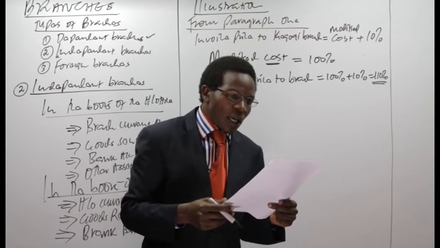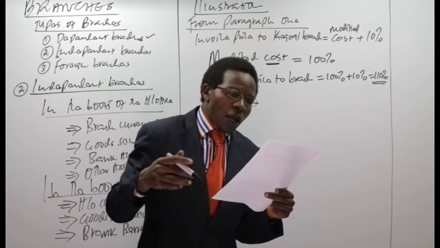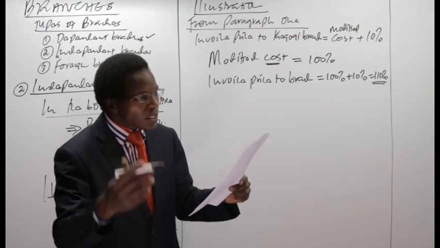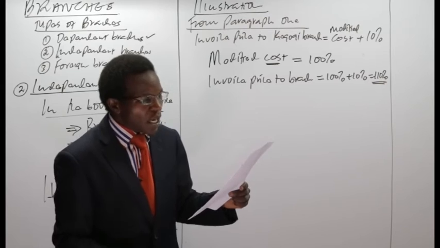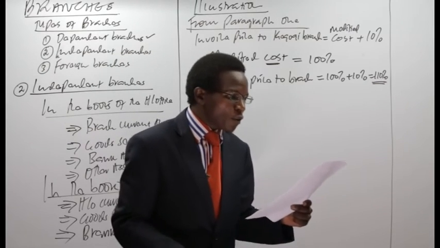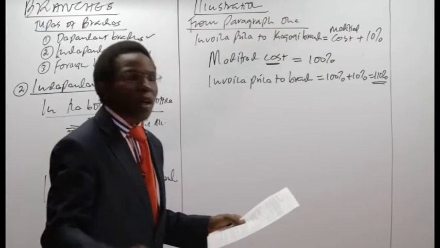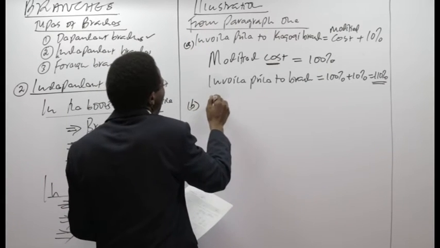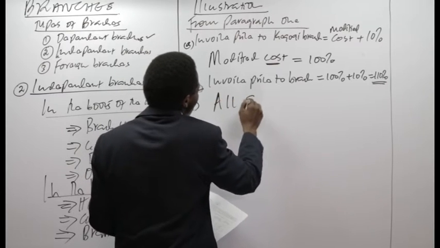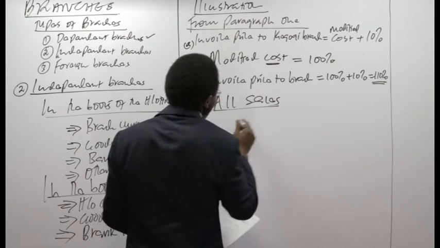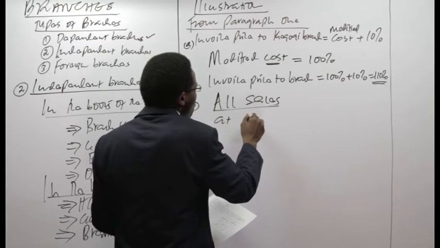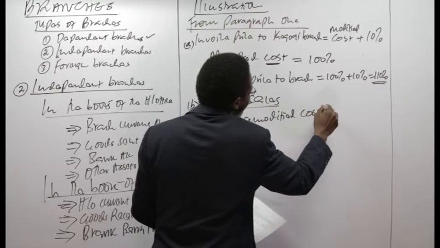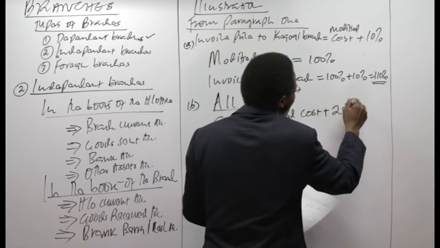Then we have been told that all sales by both Kegogi branch and head office branch are made at a gross profit of 25% on the modified cost. So what are they saying? Apart from that, they are saying that all sales are at modified cost plus 25%.